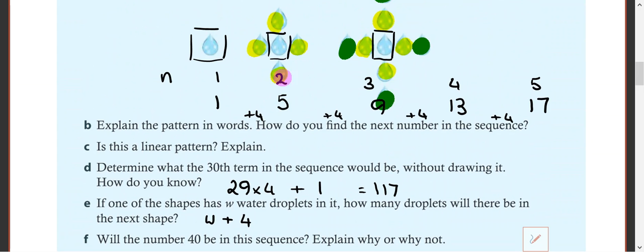So if it's 2, we actually only need 1 lot of 4. We take the 2, subtract 1 from it, and it's that many lots of 4, which is 1 lot of 4, plus 1 makes the 5. The plus 1 is the one in the middle. Number 1 is 0 lots of 4, plus the 1. Number 4 would be 3 lots of 4, plus the 1.